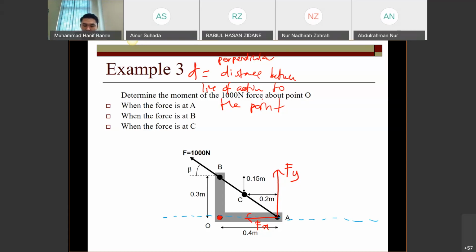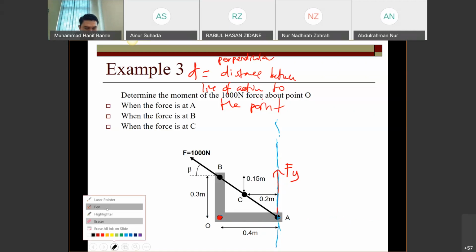If you look at the Y component here, the dotted line is the line of action. You can see the perpendicular. Let me erase this first.